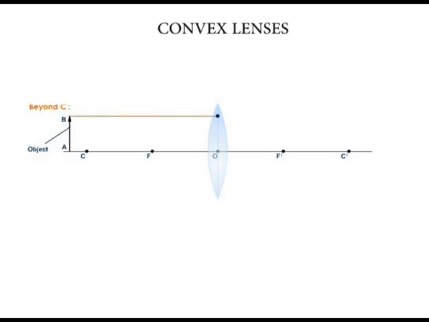An object positioned beyond C. First ray, a ray parallel to the principal axis passes through F after refraction. Second ray, a ray through the optical center proceeds undeviated.